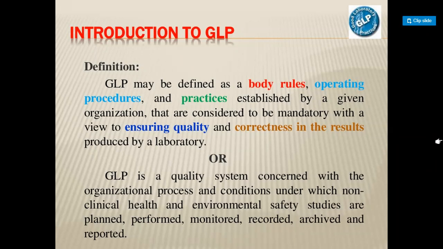Or another definition you can see here: GLP is a quality system concerned with the organizational process and conditions under which non-clinical health and environmental safety studies are planned, performed, monitored, recorded, archived, and reported. It is not that you are simply performing and completing the task.